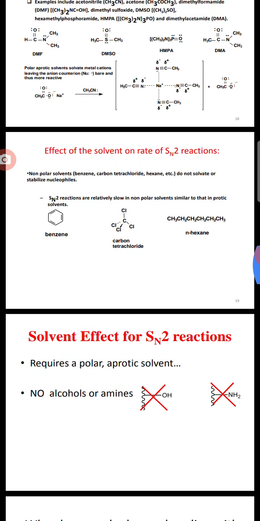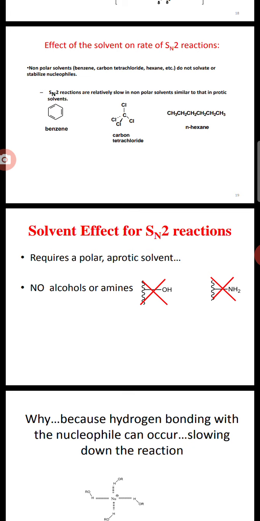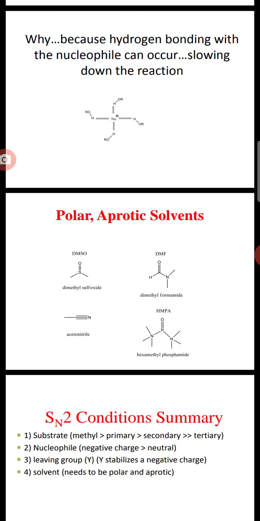SN2 does not require polar protic solvents. No alcohols or amines are needed in the SN2 mechanism, because hydrogen bonding with the nucleophile can occur and slow down the reaction. Polar aprotic solvents such as DMSO, dimethylformamide and hexamethylphosphoramide behave similarly.